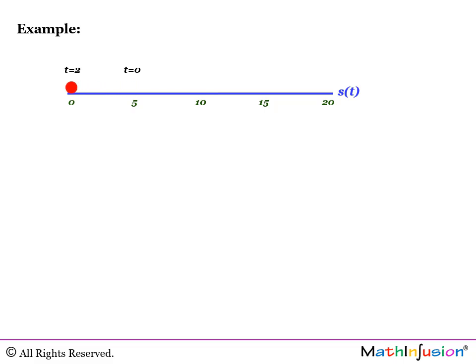At t equals 2 it is at 0. And then it moves to location 15, and it reached there when t equals 4. And then, for example, it is moving that way.